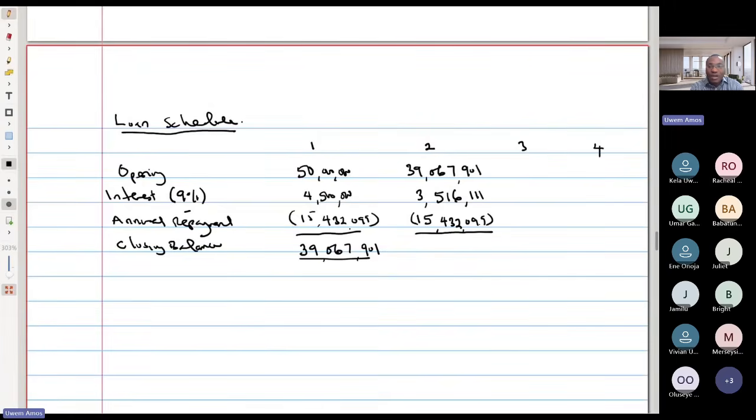So that's our closing balance: 39,067,901 plus 3,516,111 minus 15,432,099. That's 27,151,913.